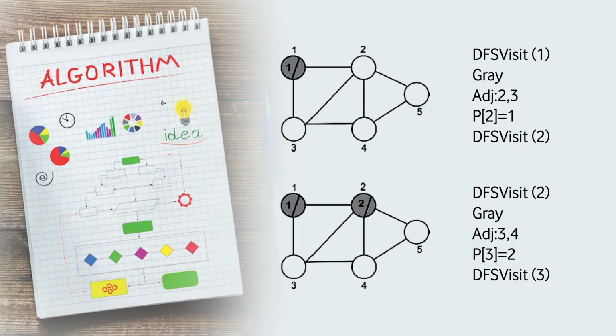The parent of 2 will be the calling node, which will be 1. I'm setting the parent of 2 as 1 so that you remember who calls which particular node, because at the end when there is no adjacent node, you have to return to the calling function.